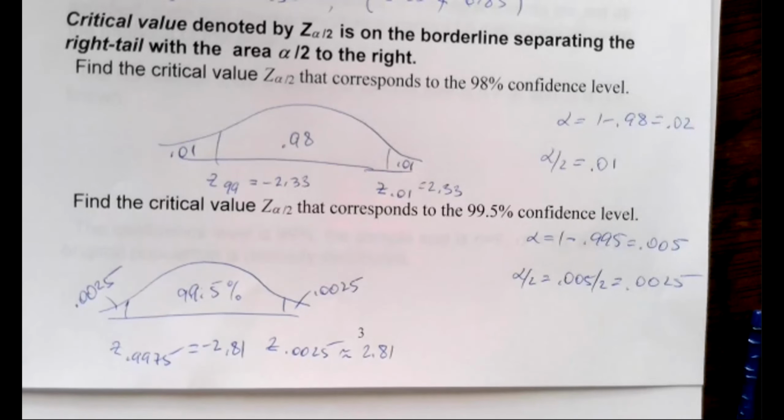So this is terminology that we need to know in connection with confidence intervals: confidence levels and the critical values that are associated with those confidence levels. And in the next videos, we're going to talk about confidence intervals for estimating the mean, estimating the population proportion, and population variance.